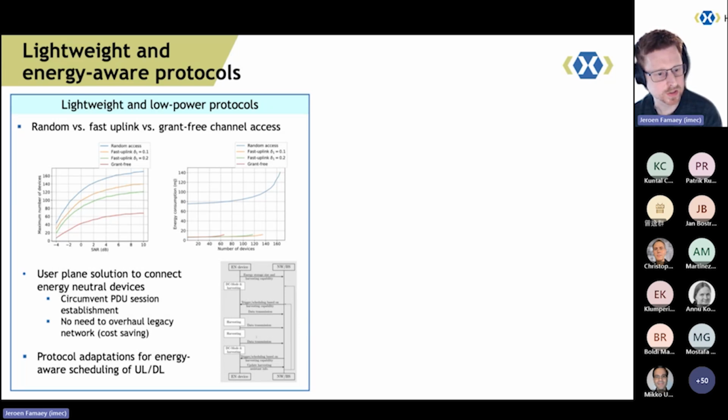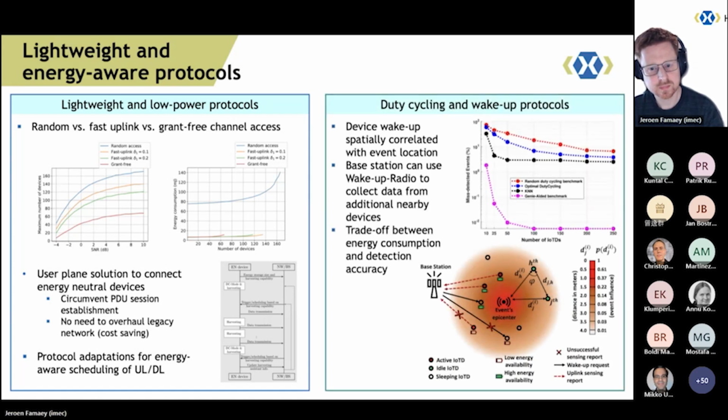And finally, we looked at how to make the scheduling protocols for uplink and downlink communication energy aware, so that the schedule can adapt to the availability of energy on energy neutral devices, as these devices have very limited energy, but also very variable energy over time.